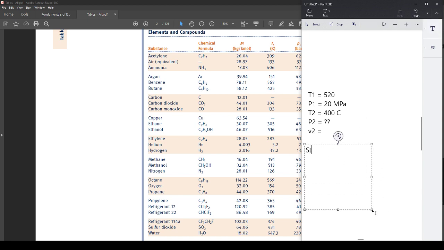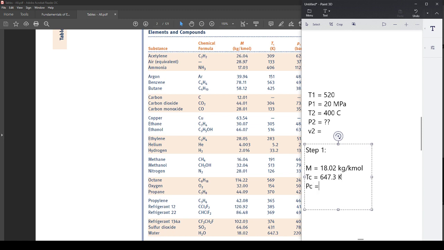Let's do step 1. So then we had to go find all the things. We have big M is 18.02, and this is in kilograms per kilomole, right? Then we also had to find that T sub C is equal to 647.3, and that is in Kelvin, sorry.